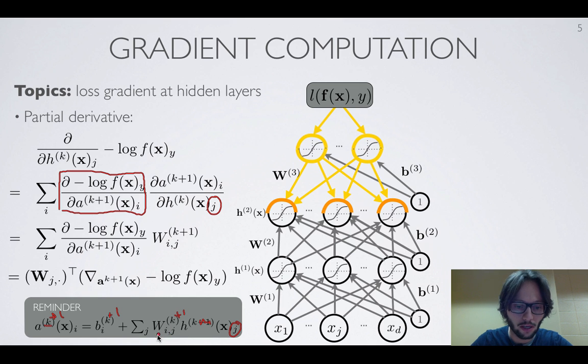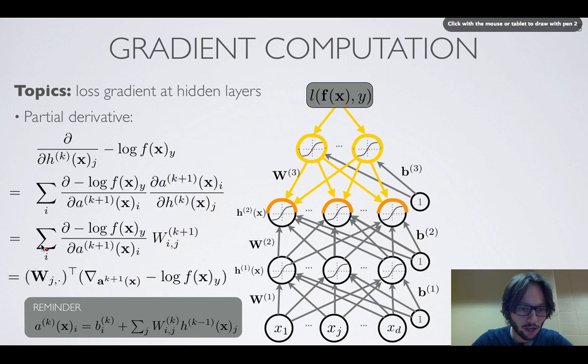It would just be w^k_ij. So this term here is simply equal to the connection between the jth neuron in the hidden layer k and the ith neuron in the hidden layer above. Okay. Again, let's remove some ink.